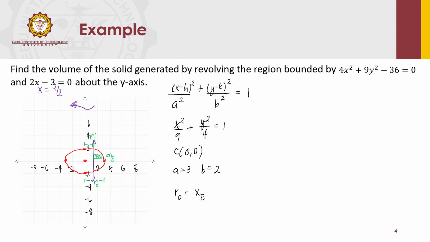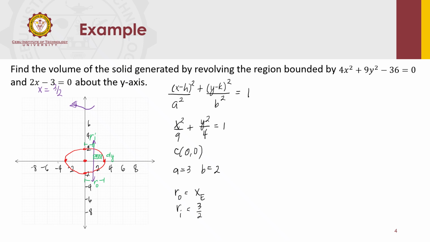Then the inner radius would be the distance of the line from the y-axis. Since it's a vertical line parallel to the y-axis, its distance is constant. The distance of the points from the y-axis is constant. So it's x equals 1.5, or 3 halves. Let's use fraction form.